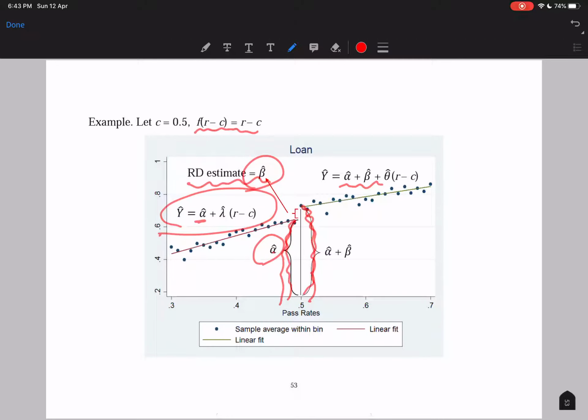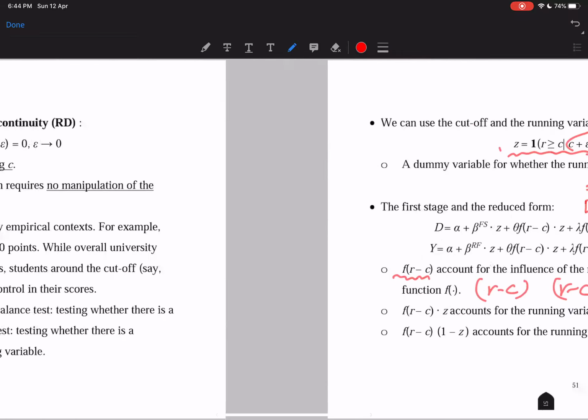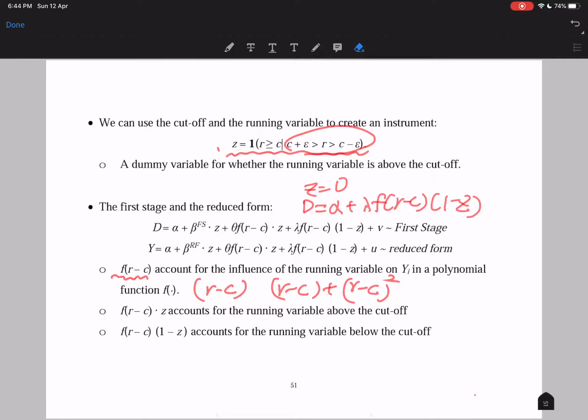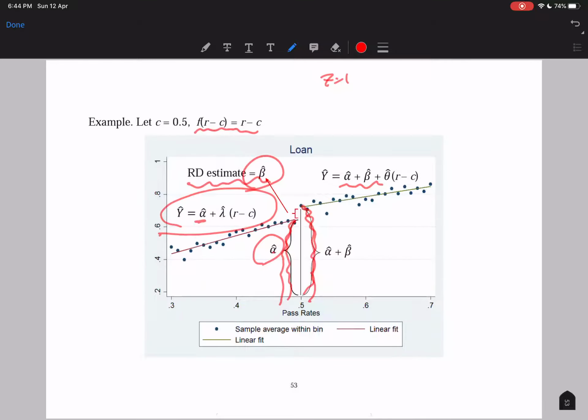Similarly, if z equals 1, then d equals alpha plus beta plus theta times f(r minus c). So that's here.